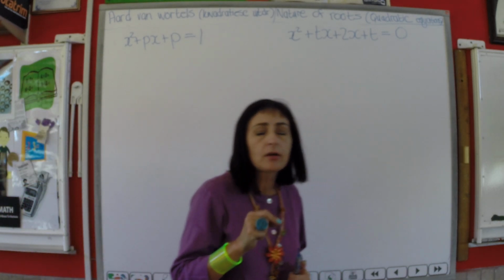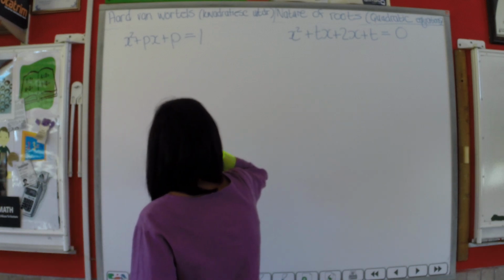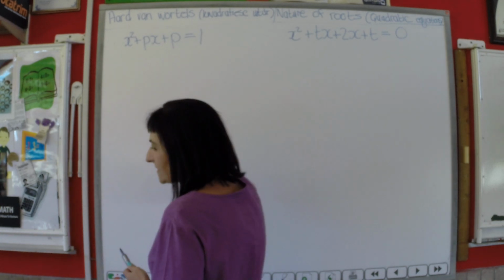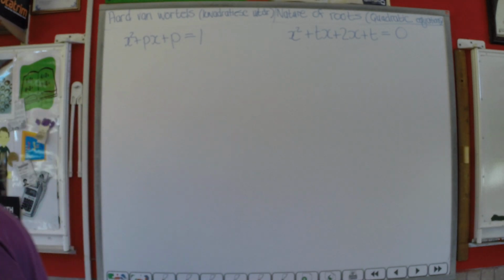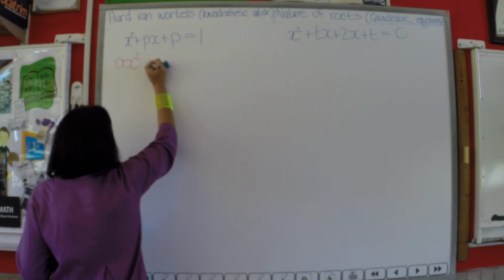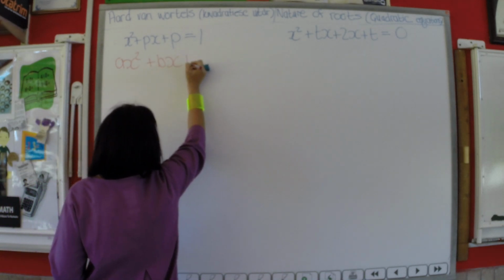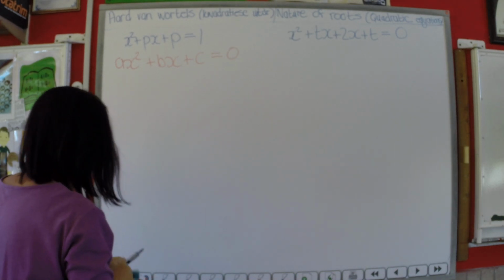Maar voordat ek delta kan bepaal, because delta is going to tell me that, before I get delta, I must get this thing in standard form. So I need it in the form ax squared plus bx plus c equals 0 before I can determine delta.